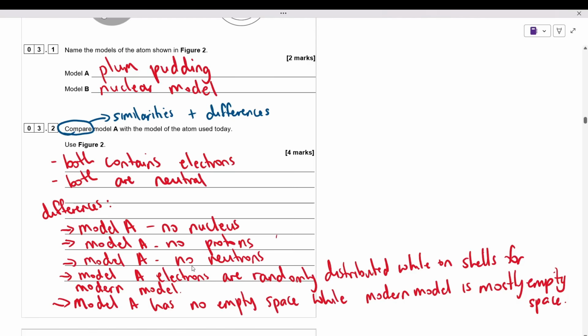Okay, so these are some similarities and differences between the plum pudding model and the modern model.